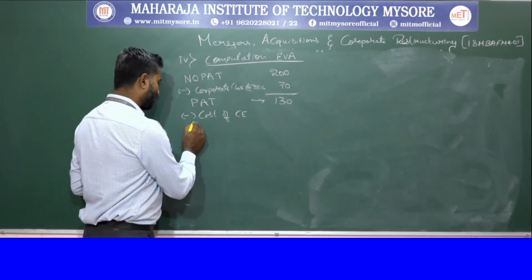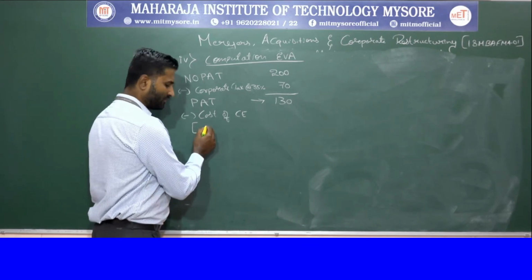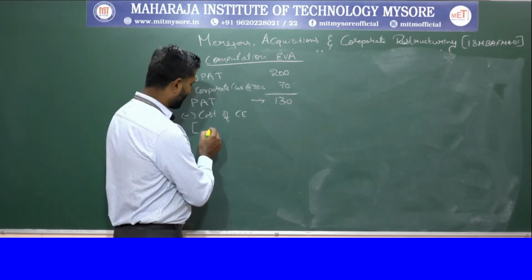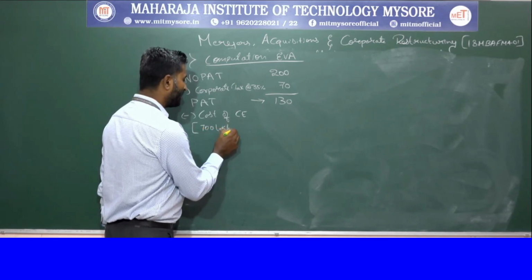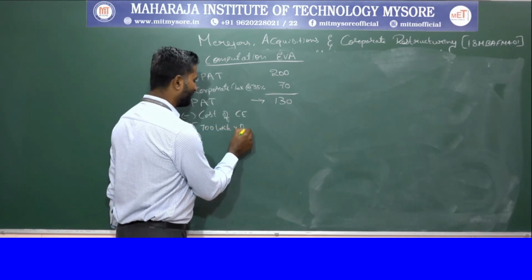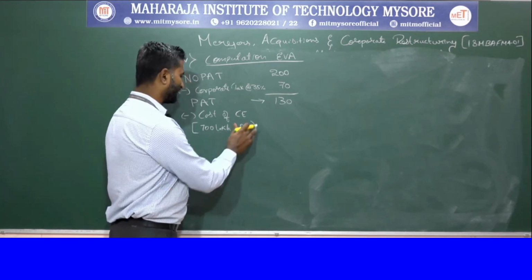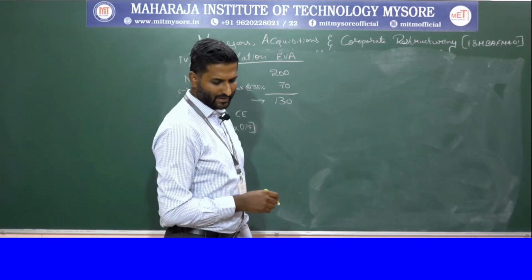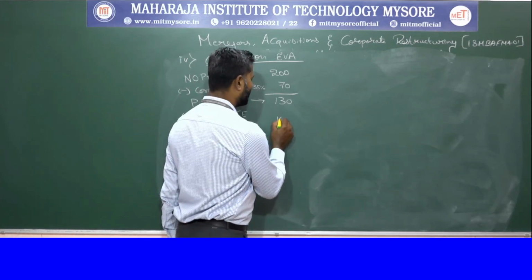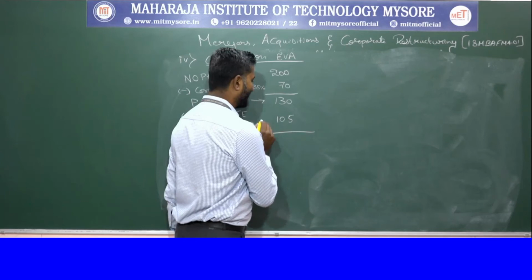So the total capital of the company amounts to rupees 700 lakhs and the cost of capital they have given is 15%. When we determine that, it amounts to rupees 105 lakhs.